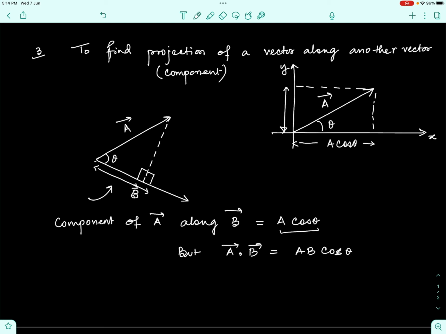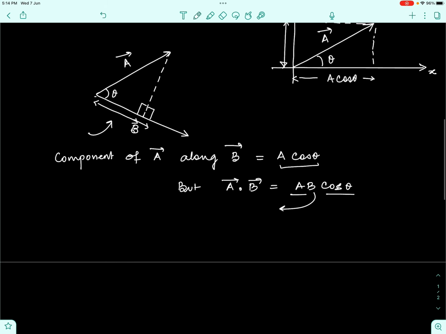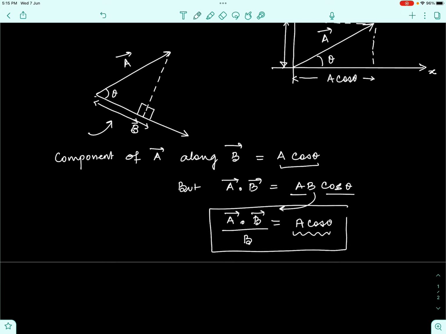Now from this relation, if I am supposed to find out the value of A cos theta, what I can do is I can take B on the other side of the relation, so that we get A cos theta on the right hand side is equal to A dot B by modulus of B. So A cos theta, which is nothing but the component of vector A along vector B, is now having an expression. We can use this particular formula to find out the component of A along vector B. This will be easier if you have the two vectors in the rectangular component form.